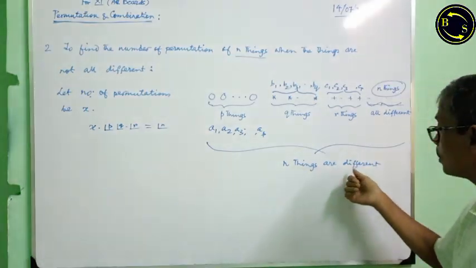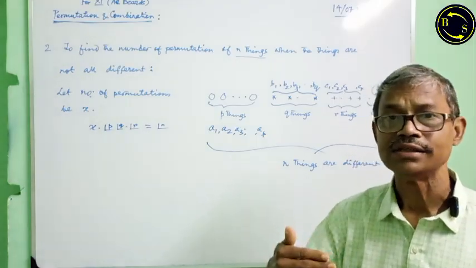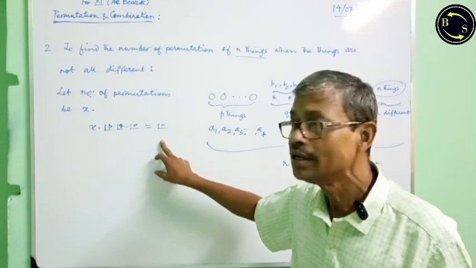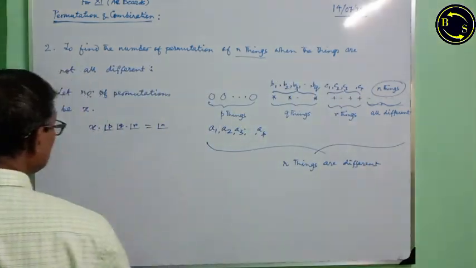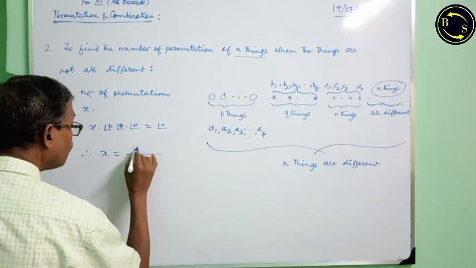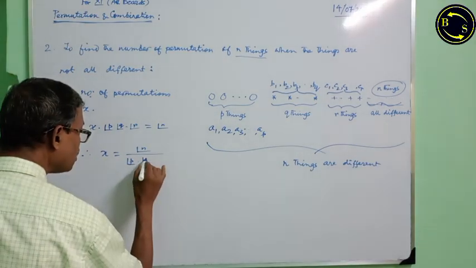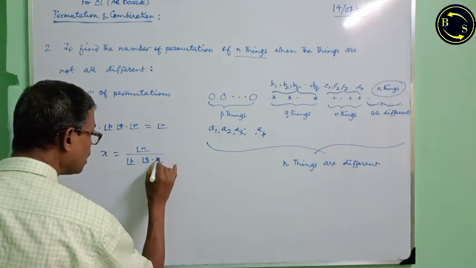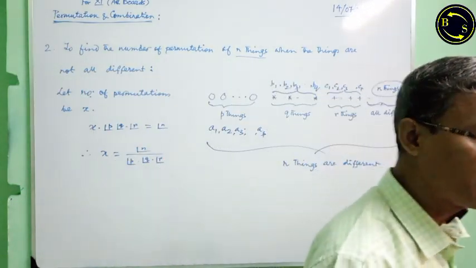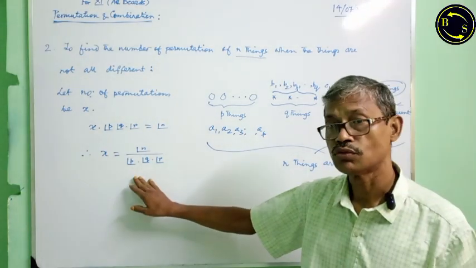And when n things are different, we know the number of permutations is nPn, which when simplified is factorial n. Therefore, these two are equal. From it, we get x equal to factorial n divided by factorial p into factorial q into factorial r. Thus, when things are not all different, the number of permutations is this one.